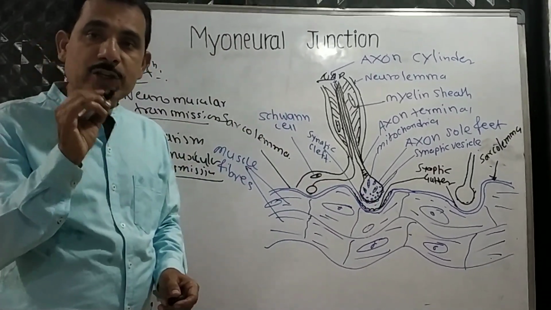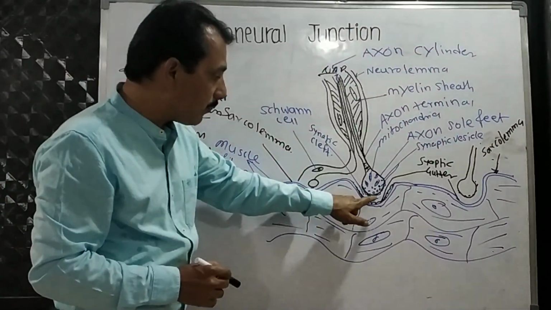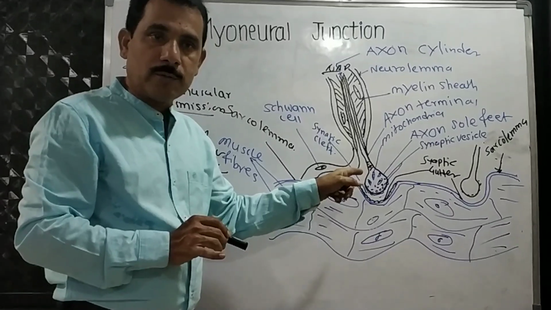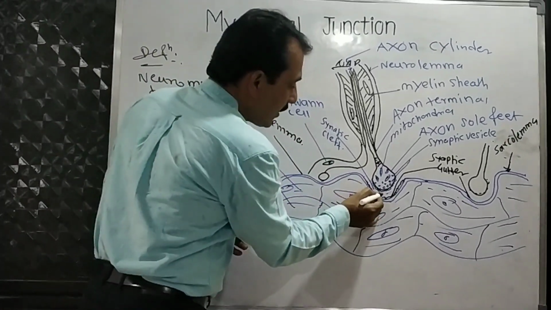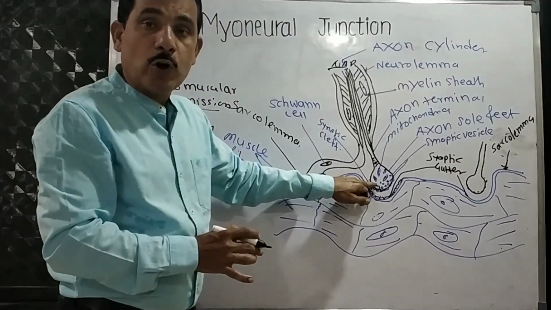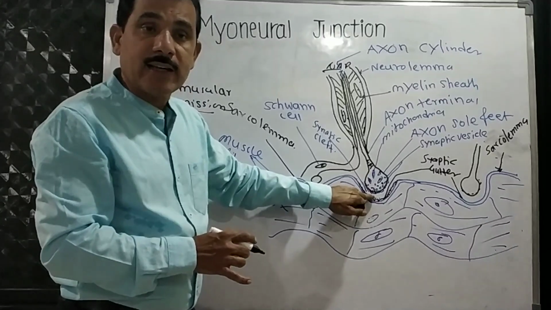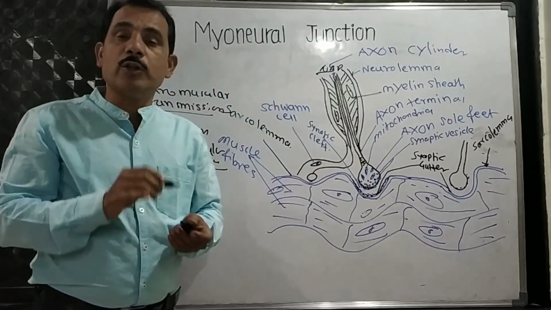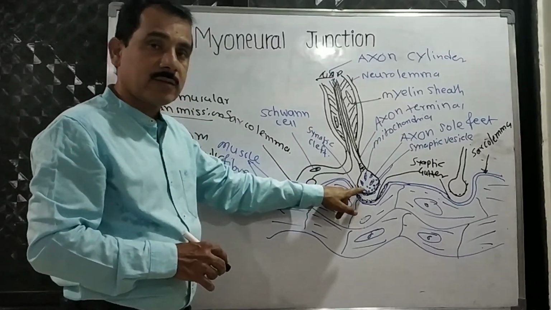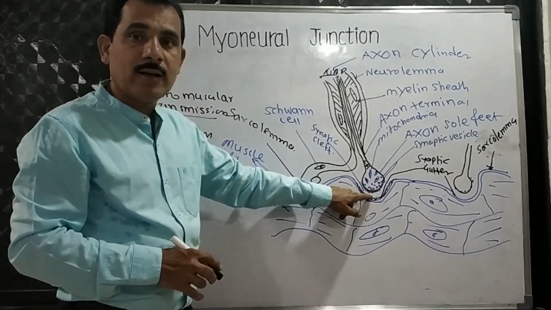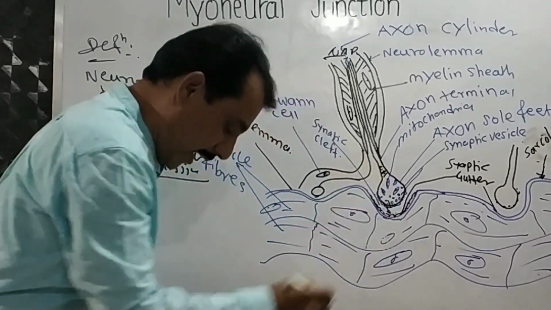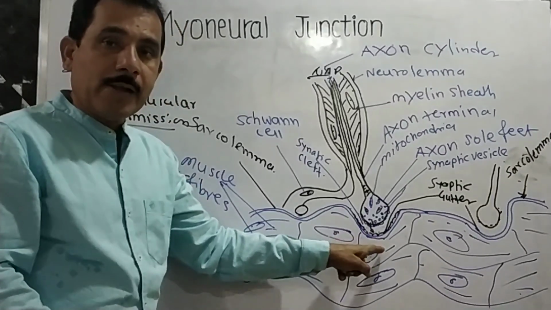As soon as this excitation takes place, calcium ions from the synaptic cleft, or the extracellular fluid, enter the axonal fluid through the prejunctional membrane, and this causes a release of the neurotransmitter substance, acetylcholine, from the synaptic vesicles into the synaptic cleft.